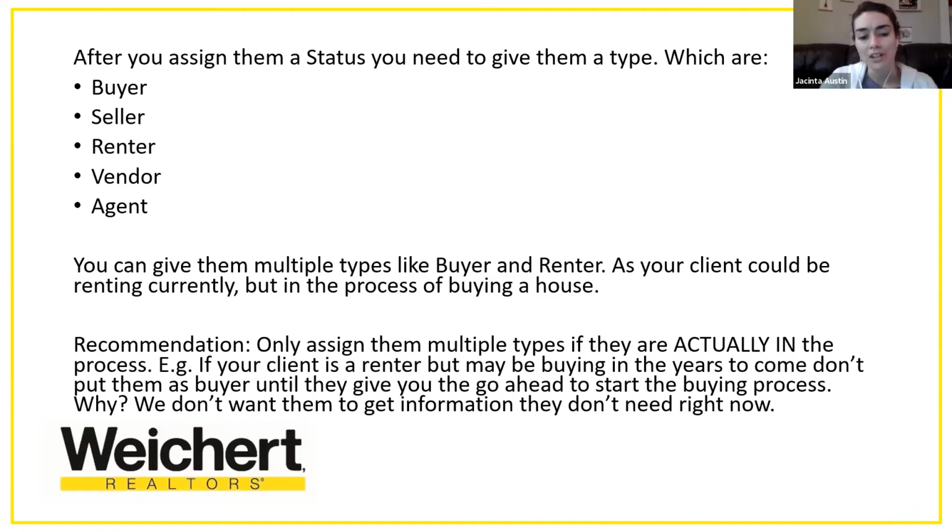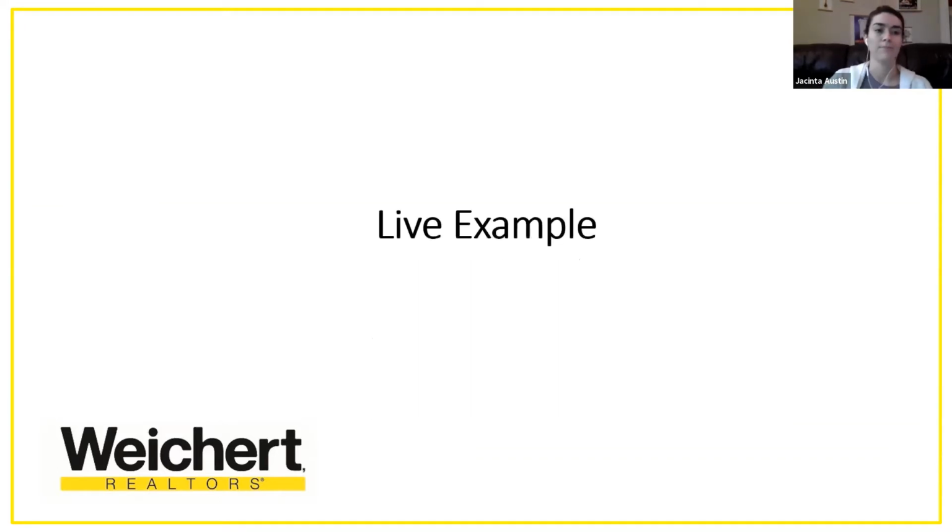So if you have a client who is a renter, but they might be buying in years to come, don't put them as a buyer until they actually start the buying process, because you don't want to send them the wrong information. As a consumer, as you guys would know, there's nothing worse than getting information that's not relevant to you right now. This is the same thing. So just keep that in mind. This is just a recommendation. It's just something I recommend to everyone.